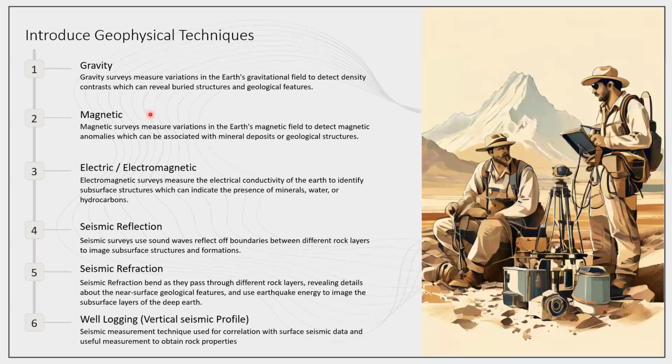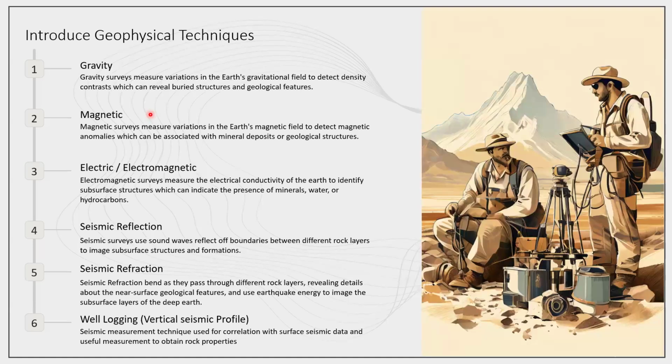With magnetic, we can delineate the mineral deposition and the main structures by measuring the magnetic field of the Earth through susceptibility. With electric or electromagnetic, we measure the conductivity of the Earth, looking mainly for hydrology or water, or also minerals. With seismic reflection and refraction, we are looking for subsurface structures.